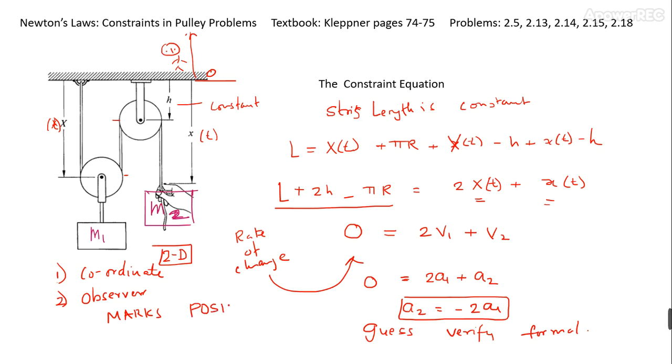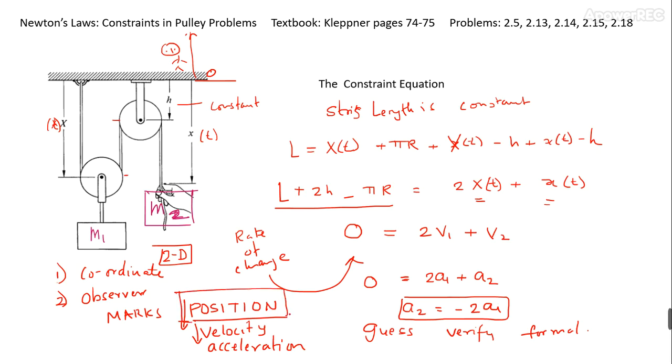So this is the starting step, and I highlight this because it's very easy to go from the position to the velocities. You just need to take a rate of change, and it's very easy to go from the velocities to accelerations. You take one more rate of change. In other words, the geometry has to be captured with the help of marking positions.